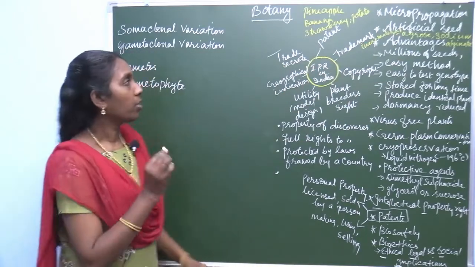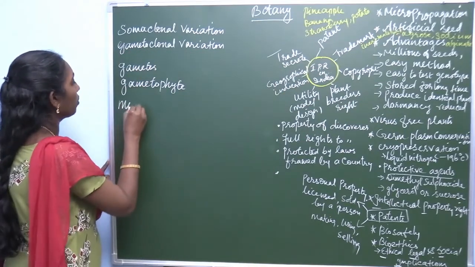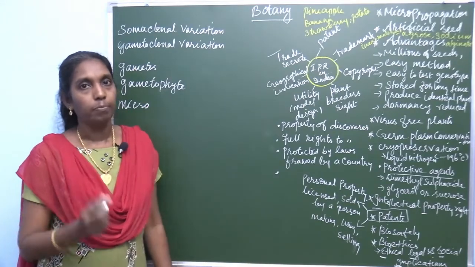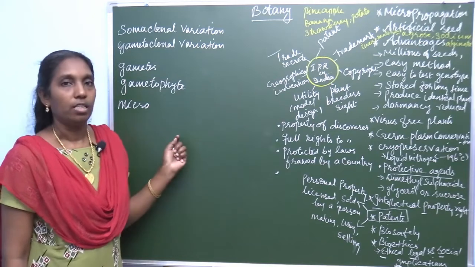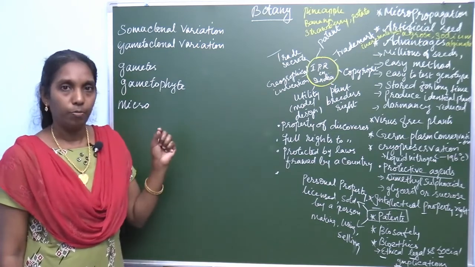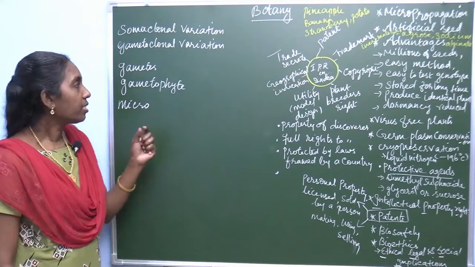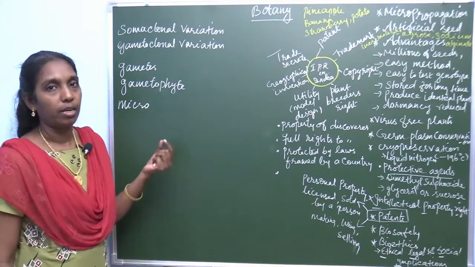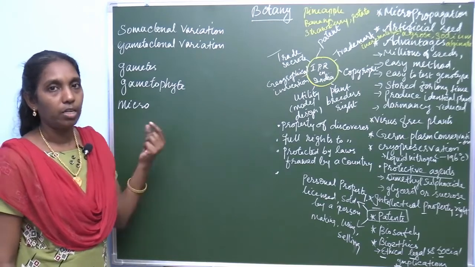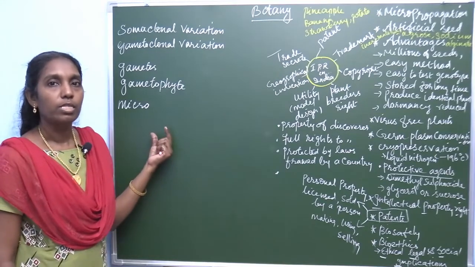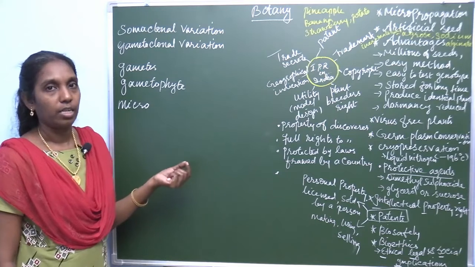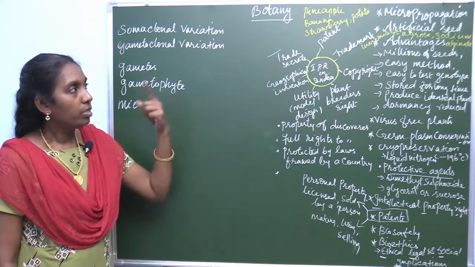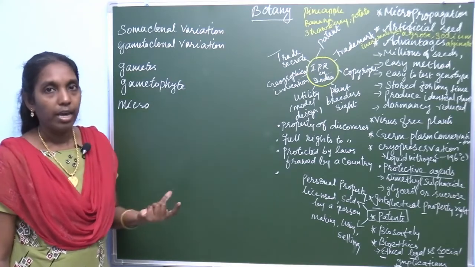Micropropagation. You know the word micro. What's the meaning of micro? Very small. So micropropagation is the propagation of plants from any small part of the plant. It may be the root, stem, leaf or any other part, which develops into an entire plant.